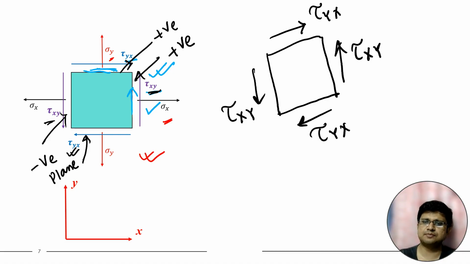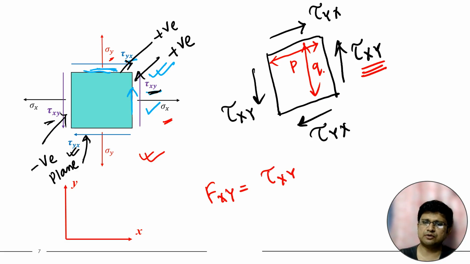Suppose for this particular element, this particular length is p and this is q. Then the force developed due to tau xy, how much will it be? It will be stress into the area. Now stress is tau xy into the area.